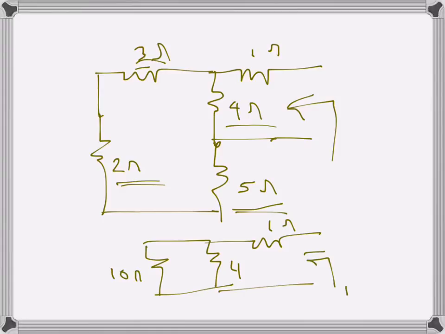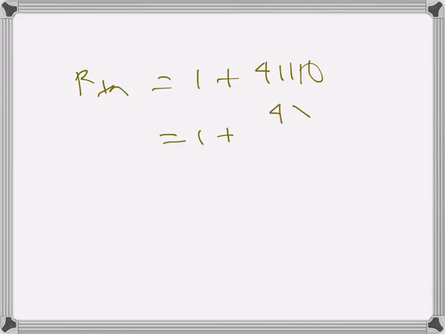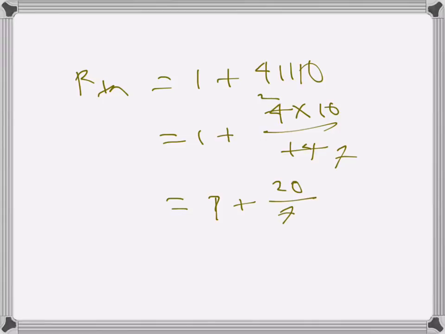So the resistance R Thevenin here will become 1 plus 4 parallel 10, which is 1 plus 4 times 10 over 14. So that's 2 there, that's 7 there. So basically 1 plus 20 over 7, or 27 over 7.